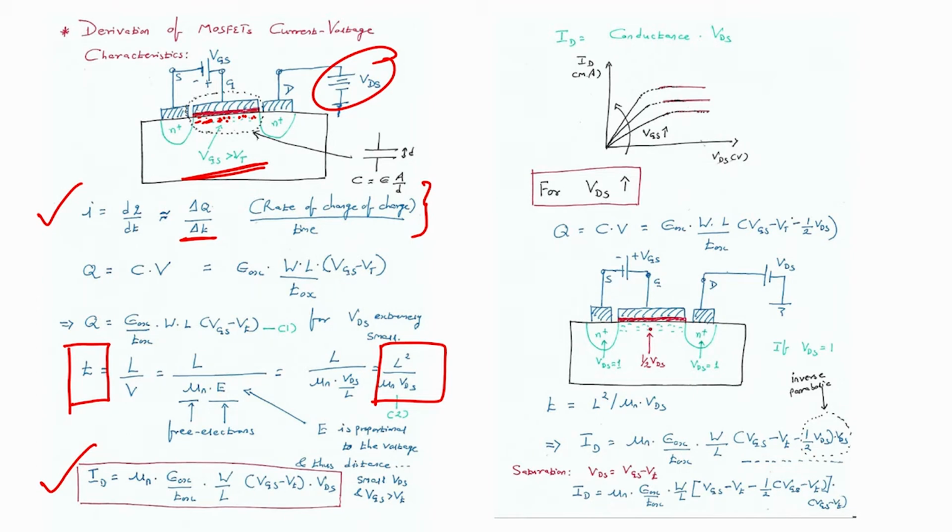Now, if my VDS is high, in this case Q equals to CV, we know mu x W by L TOX, this is okay.